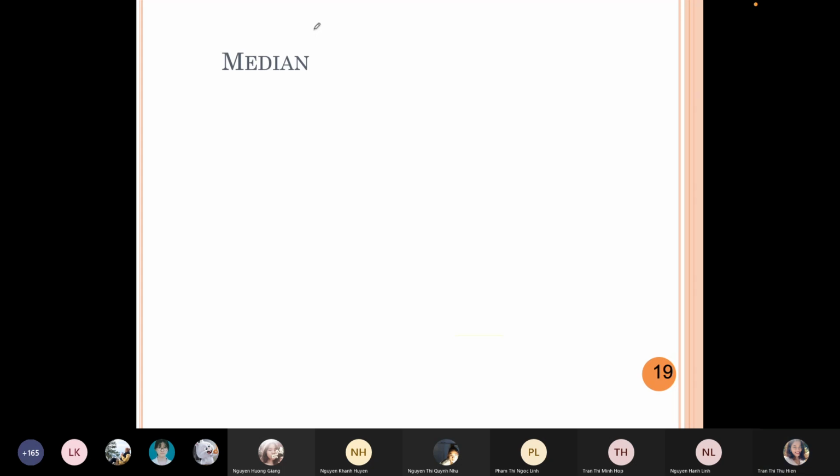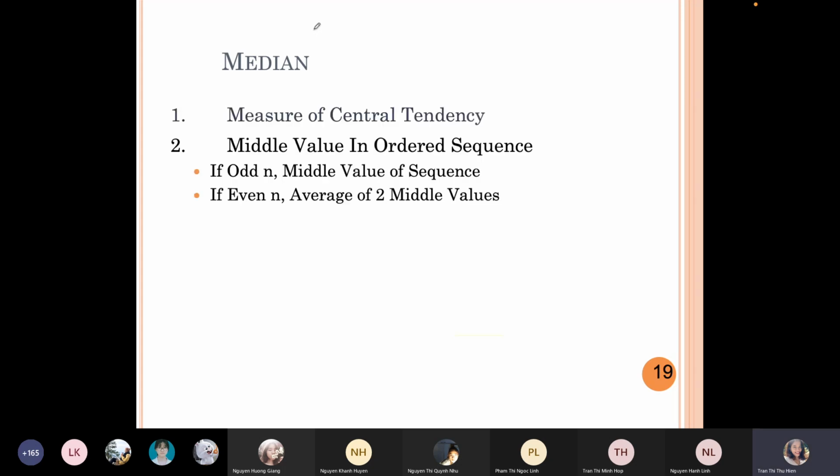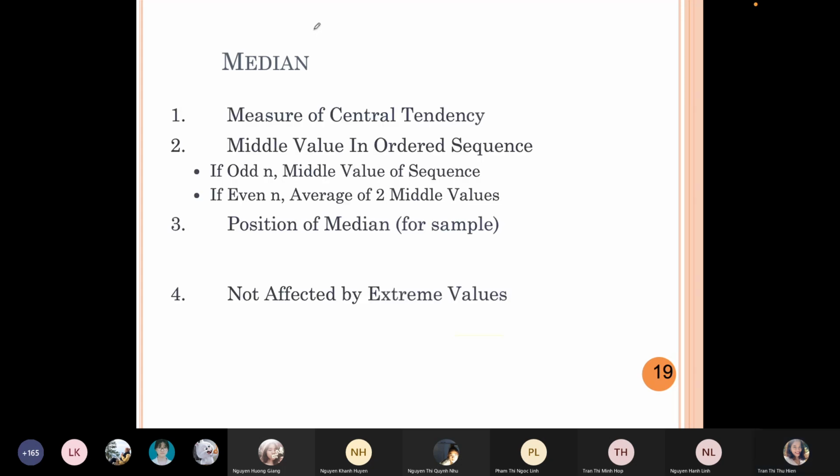Okay. Next part is the median. The median is another measure of central location. It is the value in the middle when the data are arranged in ascending order, I mean, ordered from the smallest to the greatest.